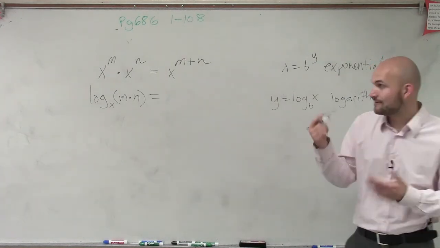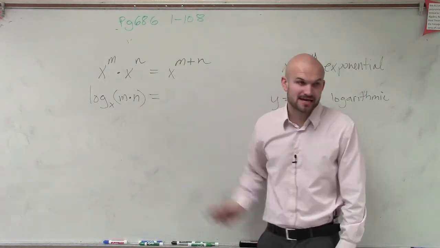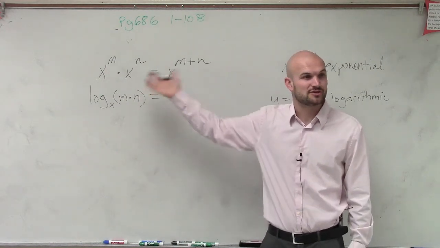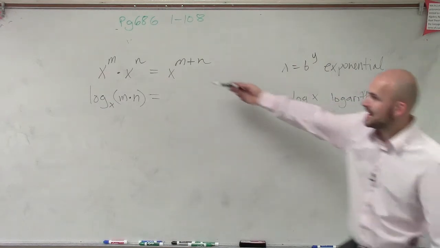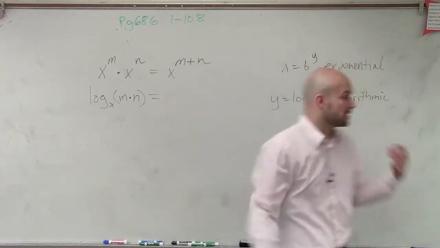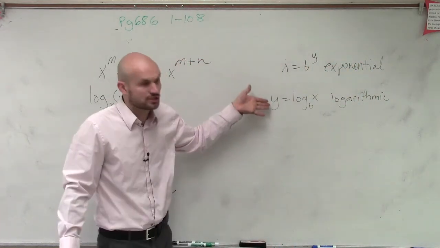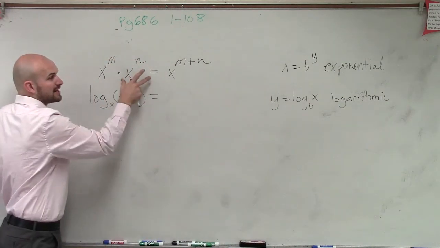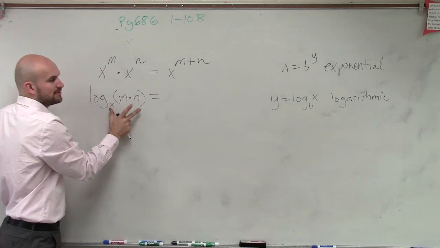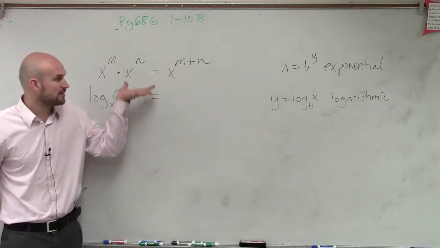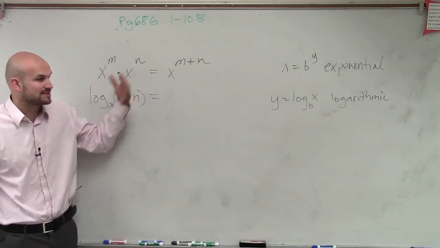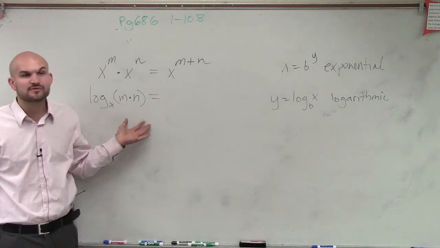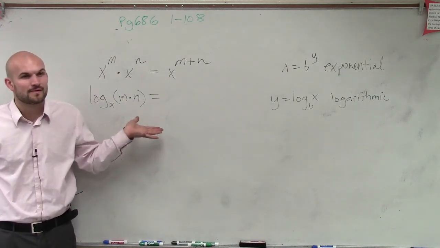How do you think I might want to rewrite that? Because notice how it's related to our exponents. We know that exponents and logarithms are related because we can go from exponential to logarithmic form. So I reviewed the product property of exponents. What do you think the product property of logarithms might entail? It's a little bit confusing, but see if you might be able to guess what it might be.